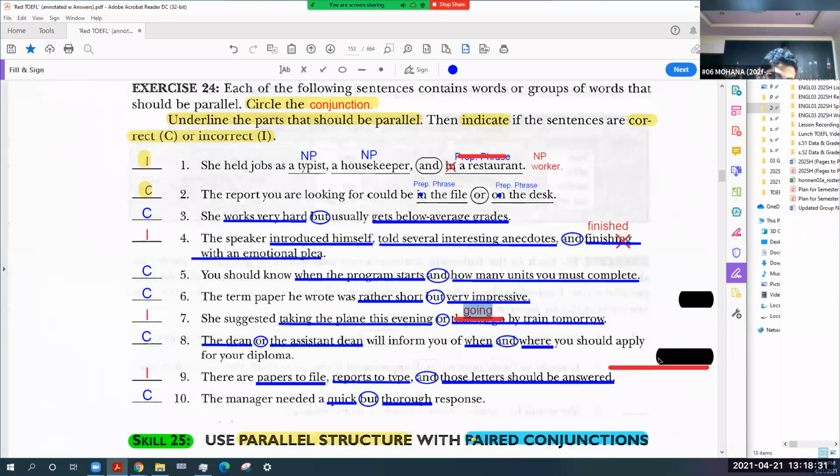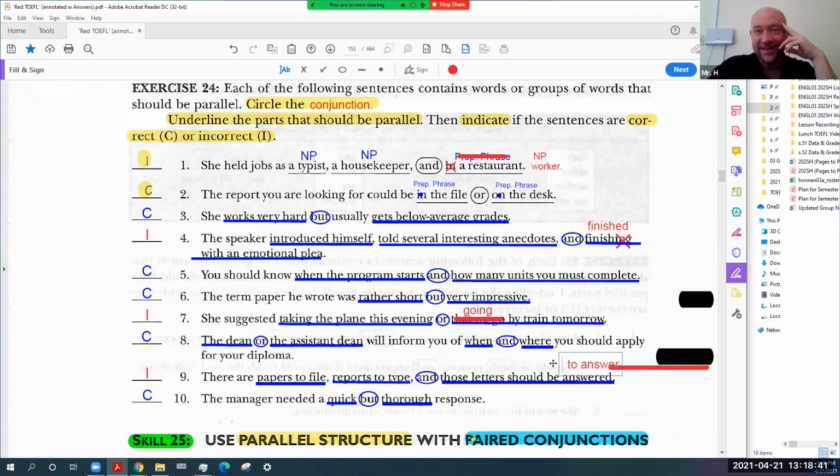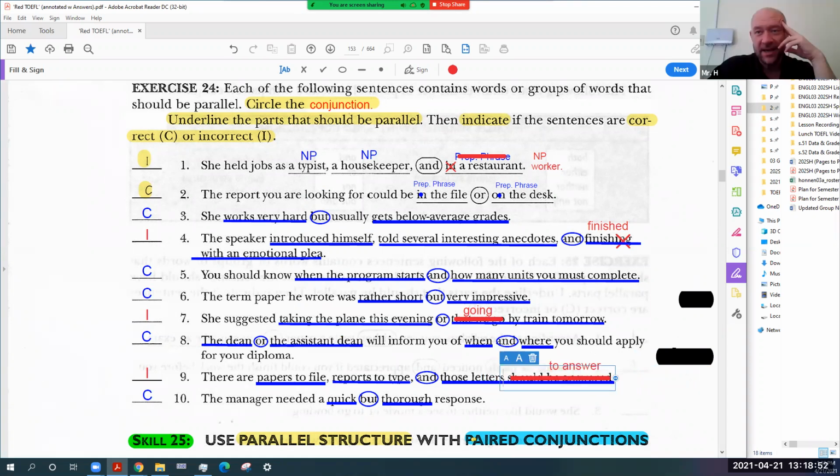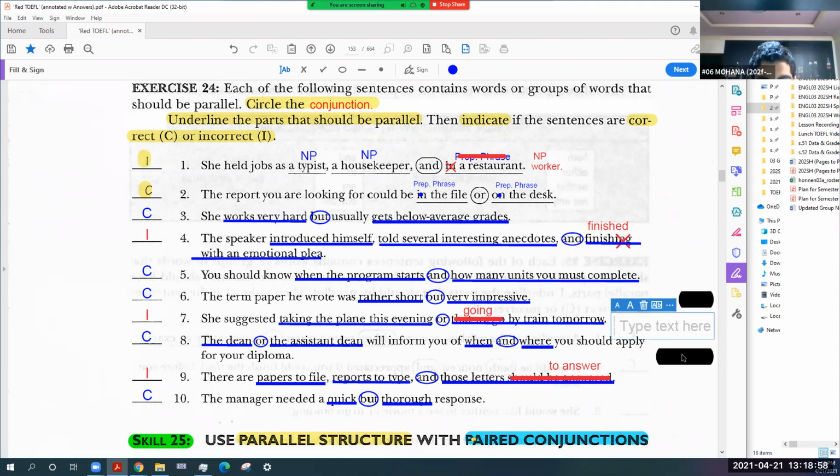This letter to answer. I should say to answer. And we should delete should be answer. There's something else.